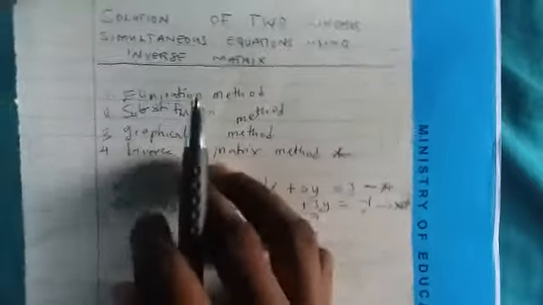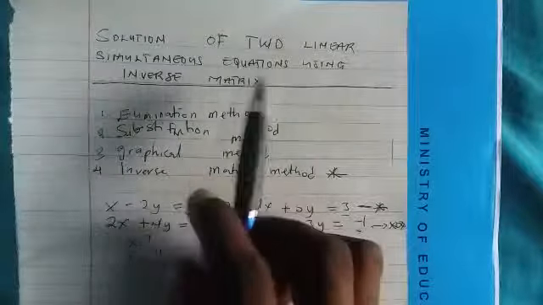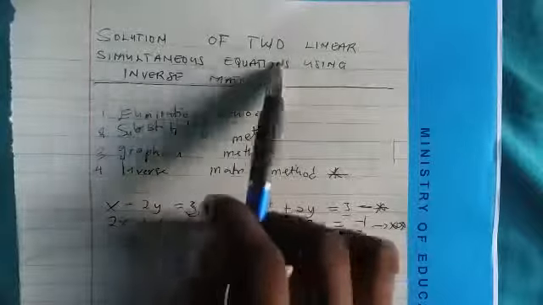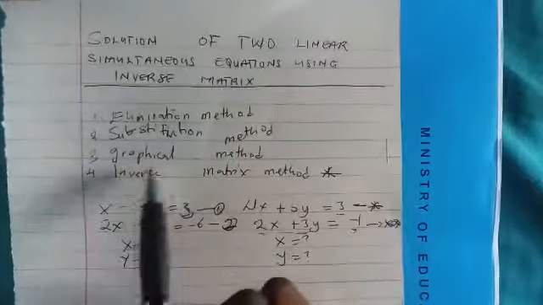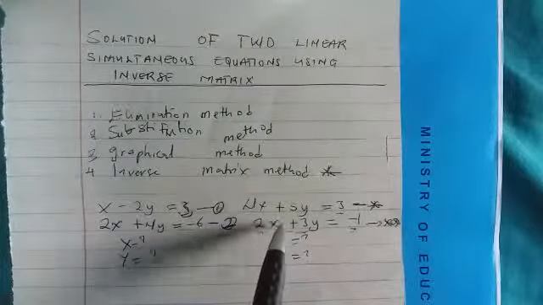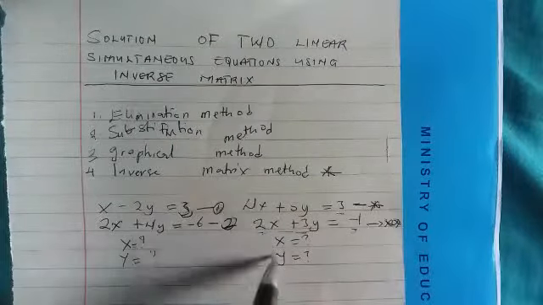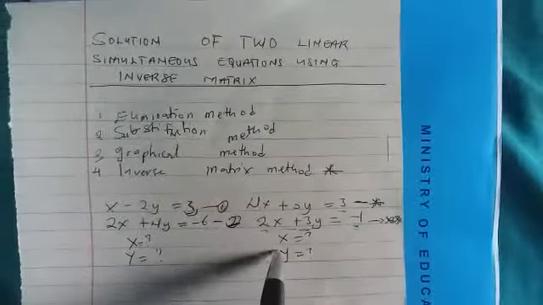Okay, so under our solutions of two linear simultaneous equations using inverse matrices, we're going to use this and solve for our x and then y. So let's take an example.